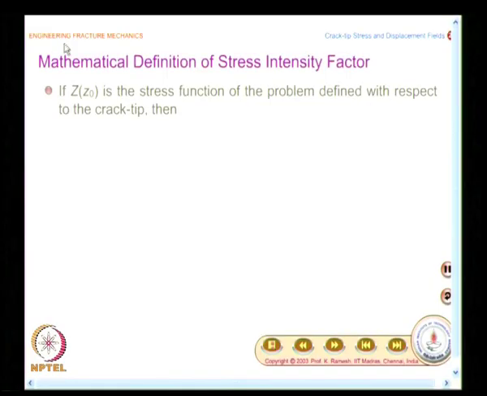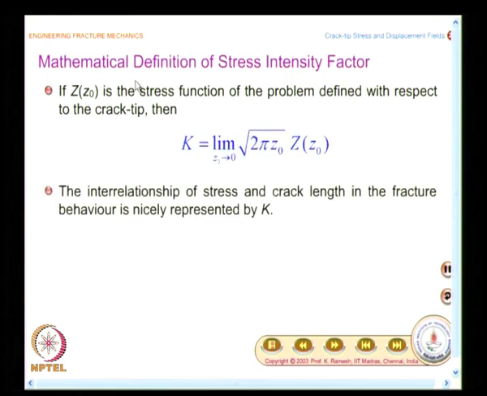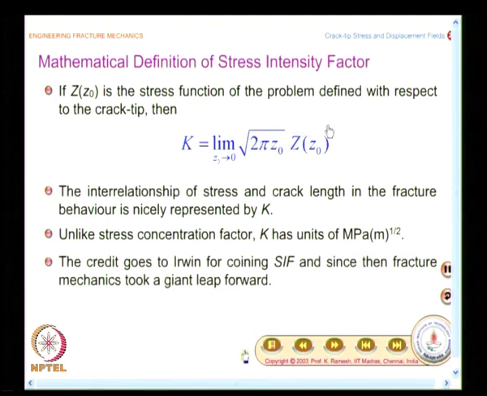So, once a stress function is given, how to find out the expression for stress intensity factor, and what is the basic definition of stress intensity factor. With these two purposes in mind, we will look at how stress intensity factor is defined mathematically. So, if I have a stress function z, and mind you, it should be referred with respect to the crack tip as the origin.